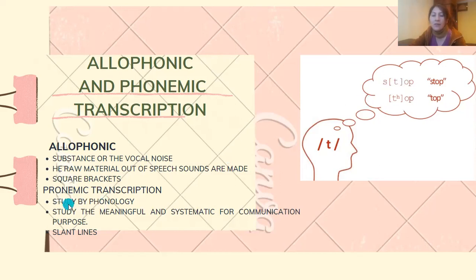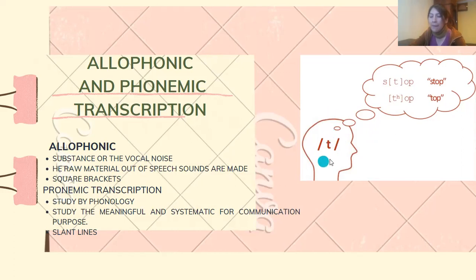The difference in phonemic transcription is phonology. Phonology studies phonemic transcription, the meaningful and systematic sounds for communication purposes. We use the representative slant lines, that is the difference between slant lines and square brackets.